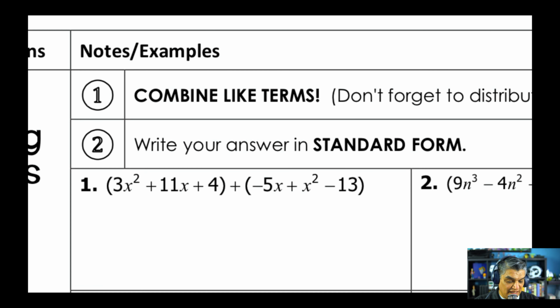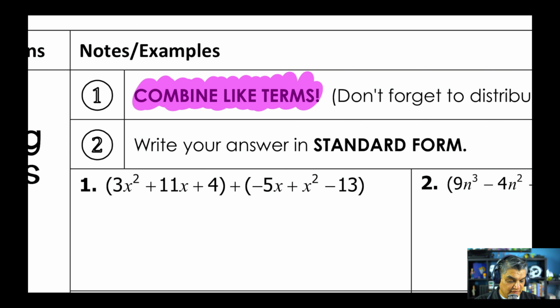And the key word to adding polynomials is combining like terms. That's it. It's like if you have a whole bunch of fruit on a table, right? What is our nature? If you're sitting at a table and there's just a bunch of fruit in front of you, what's the first thing you want to do?